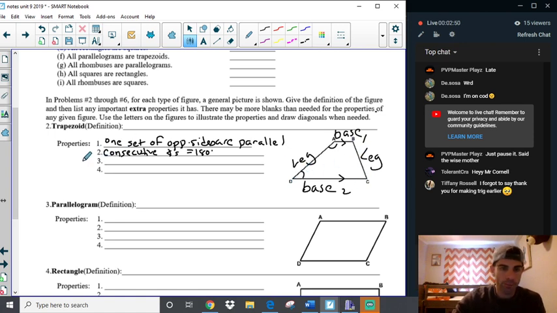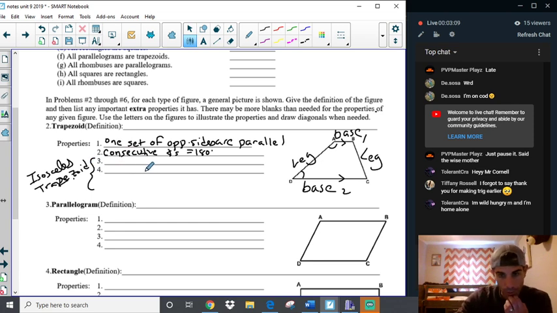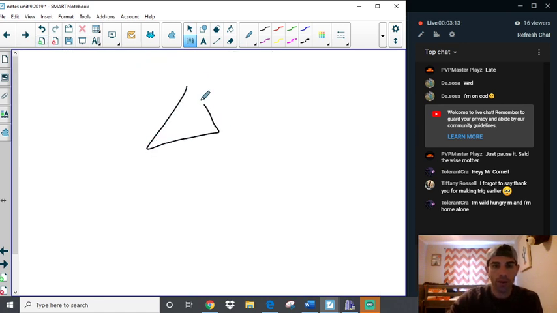Now I'm going to break this part up for 3 and 4, and we're going to call that an isosceles trapezoid. It's very similar to what I was saying on the isosceles triangle. You know that if you have a triangle and we call it isosceles, two sides are congruent.